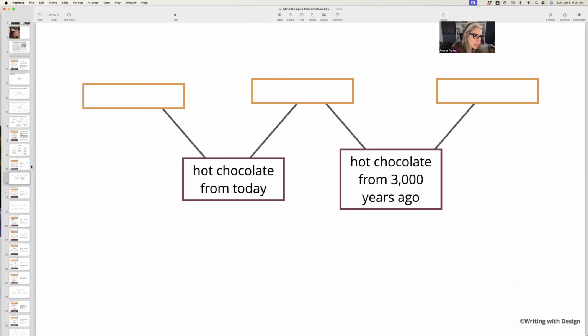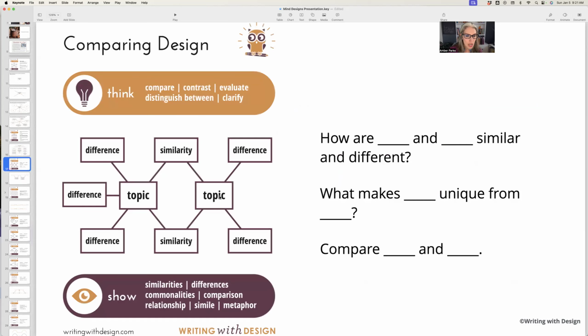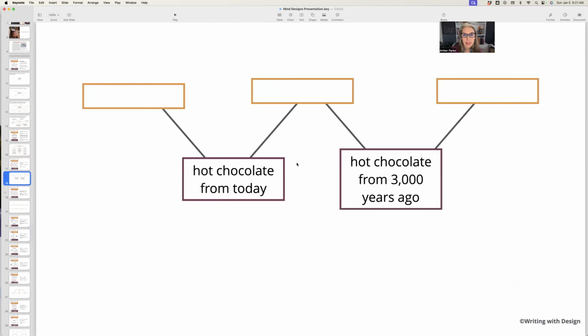Let's go back to just the visual of it. I just put in the 2 topics, and then my similarities are going to come up in the middle. Doesn't matter if it's above or below, it could be right here in the middle, wherever I have space. And then my differences go around the outside. This helps our brain realize that a similarity is connected between the 2, and a difference is related to whichever one it is touching.